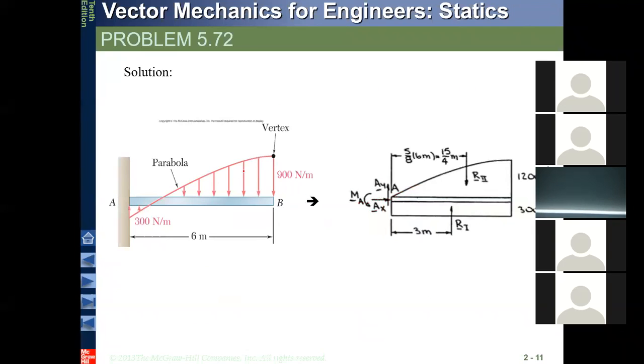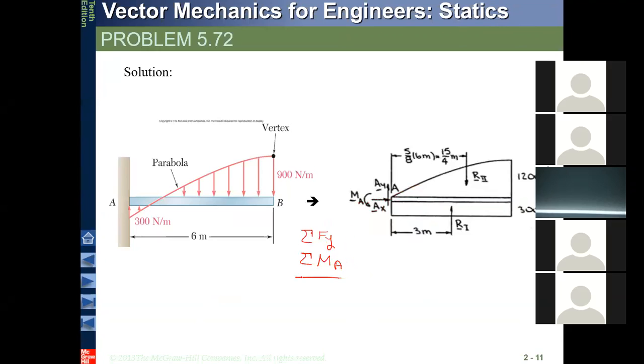So first you need to calculate the total load, because if you want to write sigma f of y, you need to calculate the total of the load on the beam. And also, if you want to calculate the moment around A, you have to calculate each component of this load and the distance from point A. What you need here, you can actually do the integration.